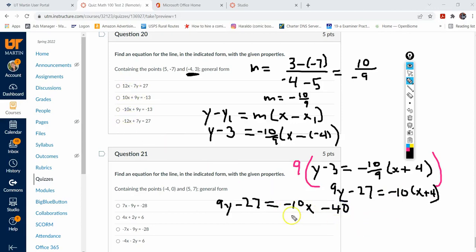Now, when you're looking at the forms here, the x's are out in the front, so I'm going to add 10x to both sides. So if I add 10x to both sides, that goes away. And then I'm going to add 27 to both sides.